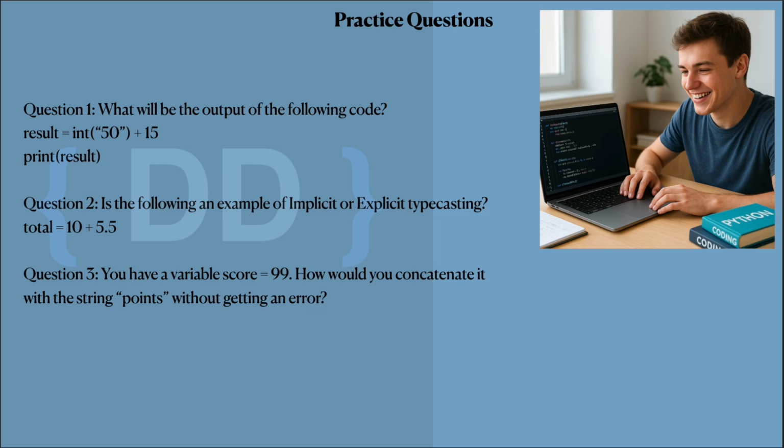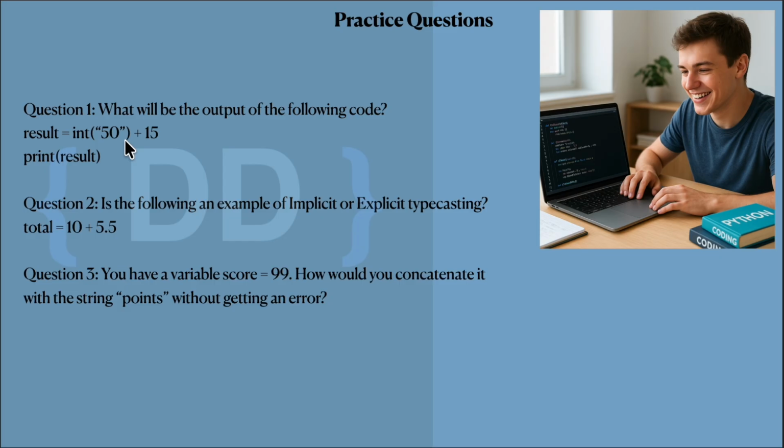Now let's test our understanding with some hands-on practice. The first question: what will be the output of the following code? Here we go. int, in the parentheses, we have "50" in double quotes, and we're adding it to 15. Now what will be the result? Of course, it was a string, but we applied typecasting, and now it has changed into an integer.